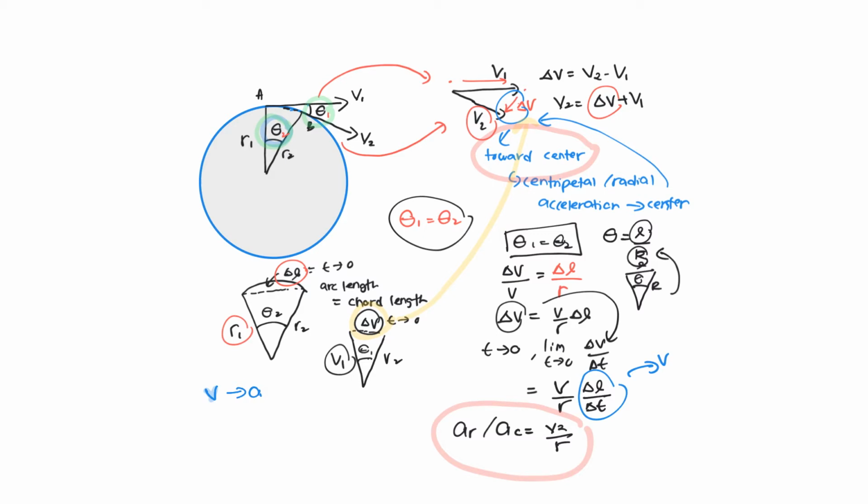However, for this one, your V and your A are perpendicular to each other, because V is tangential to the circle and acceleration is toward the center. Because the acceleration follows the rate of change of velocity, if the rate of change of velocity is toward the center, definitely your acceleration is going to be toward the center. Okay, understand? Let's move to the next part.